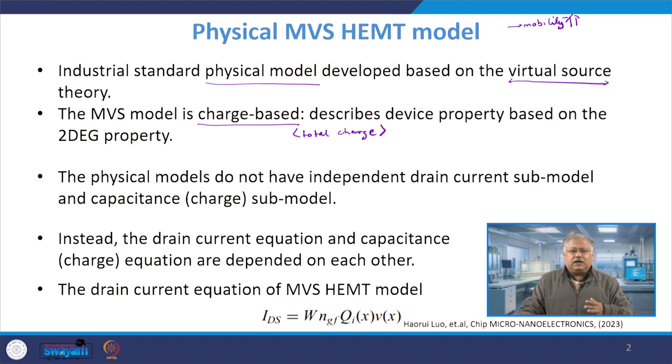Once you know the total charge, you can find the value of the total current flowing through the device. So that was the property through which the physical MVS HEMT models have been developed.